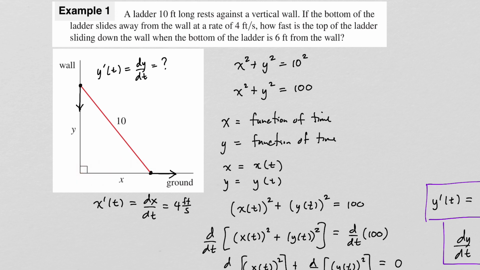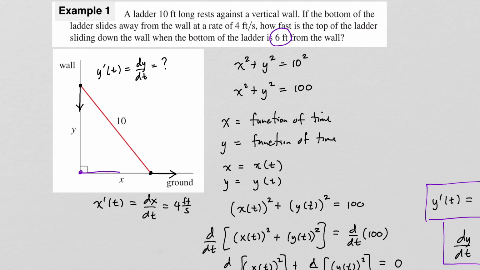Now it's very important you understand that I did not label this 6 feet in the beginning because this side is changing. Anything that is changing, you want to be sure not to label it as a constant. You must label it as a variable if it's changing. So as these are changing, at some point, the bottom of the ladder is going to be 6 feet from the wall.